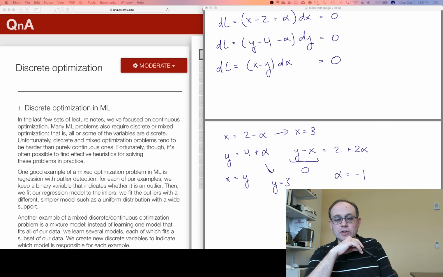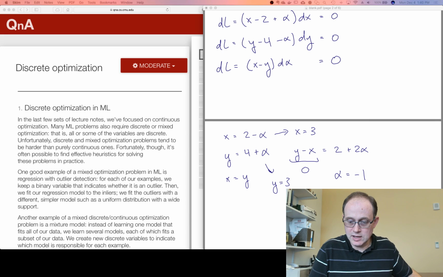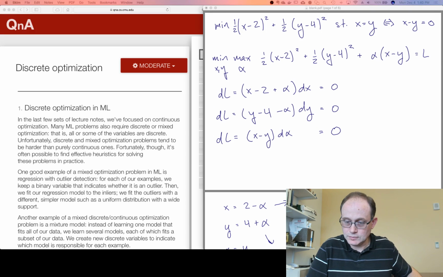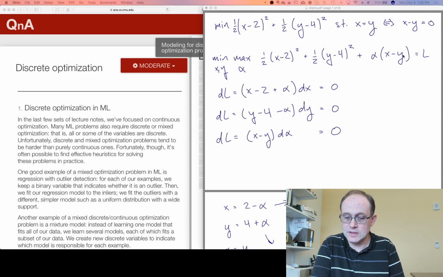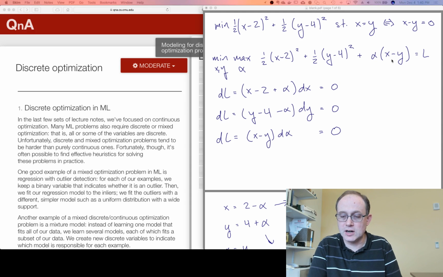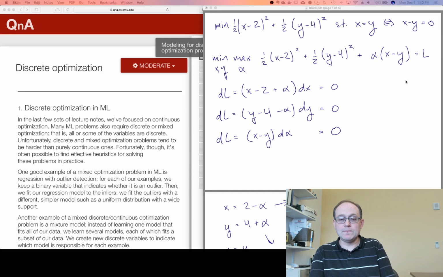I think this is a question about how we were trying to interpret the new objective that contains the Lagrange multiplier term, and I said that, for example, if x minus y is positive, we would let alpha be very large and positive. And the answer is it doesn't really matter how large we let alpha be.